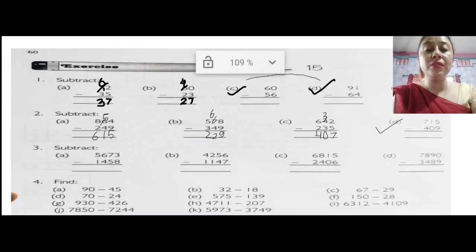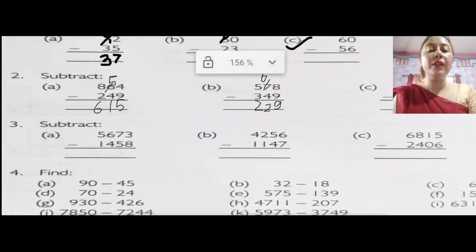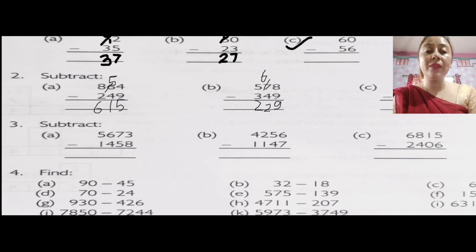Now let us do subtraction with 4-digit numbers. So here you can see first you have to subtract 1458 from 5673. So we will start from the 1's position. Here also you have to subtract 8 from 3, which is impossible. So you have to bring 1 from 7.